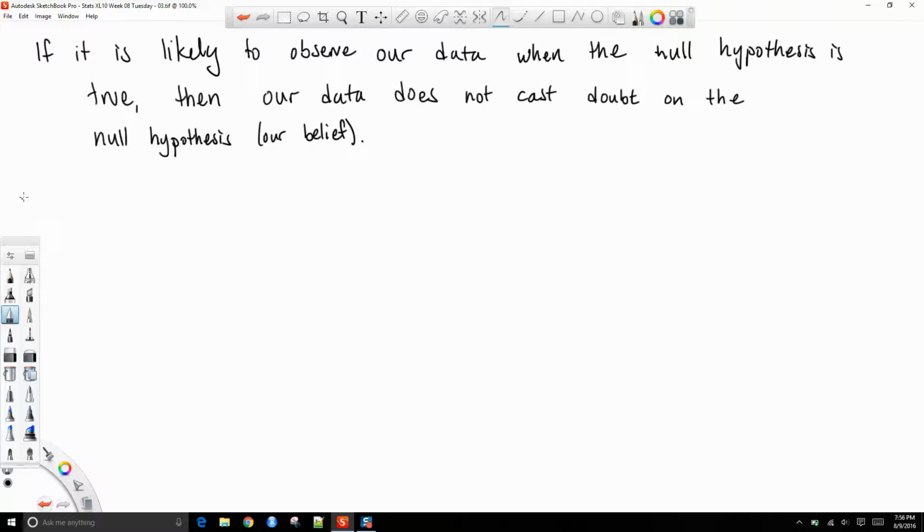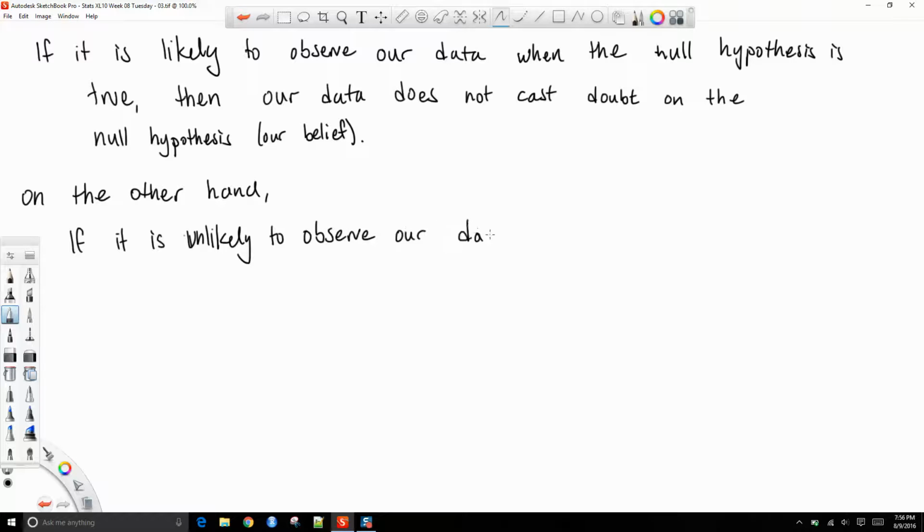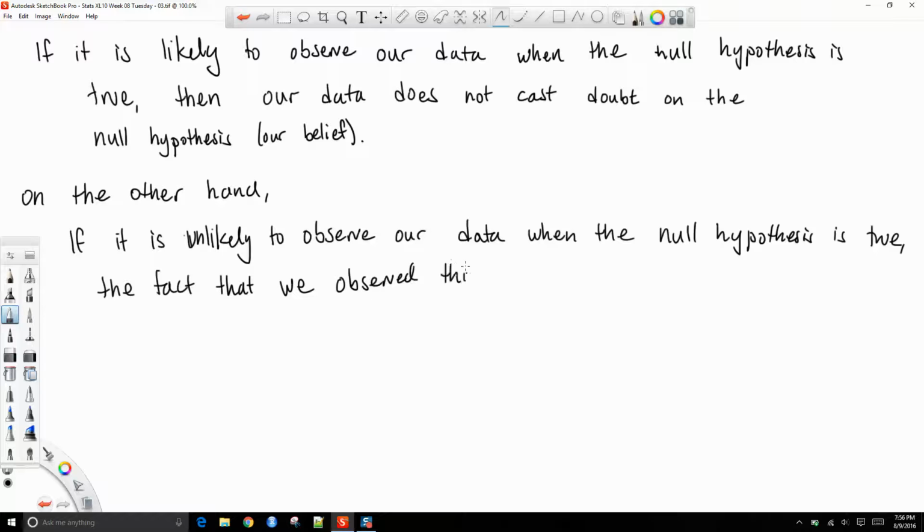On the other hand, if it is unlikely to observe our data when the null hypothesis is true, the fact that we observed this data then casts doubt on the null hypothesis, which is our belief.